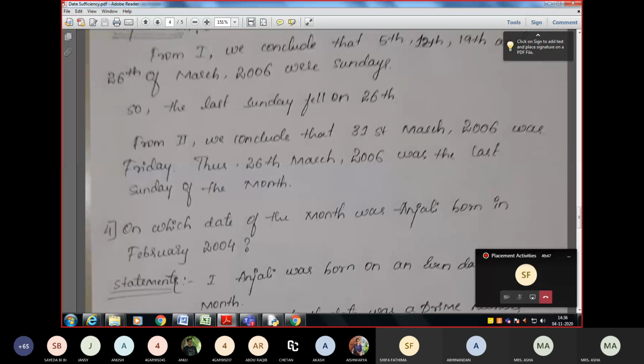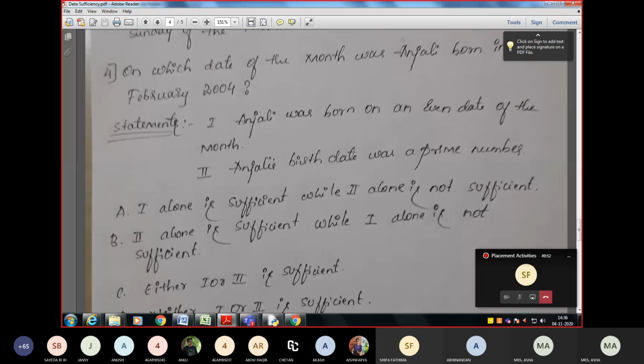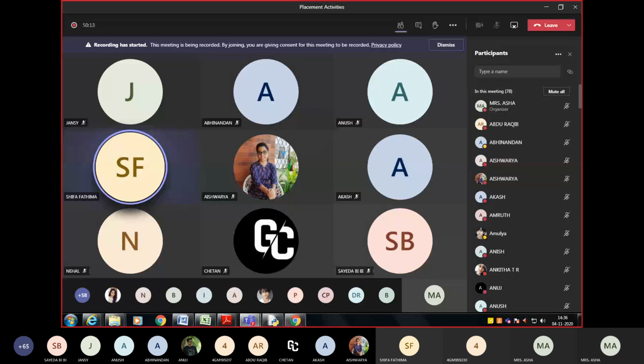Next question. On which date of the month was Anjali born in February 2004? Statements. First, Anjali was born on an even date of the month. Second, Anjali's birth date was a prime number.